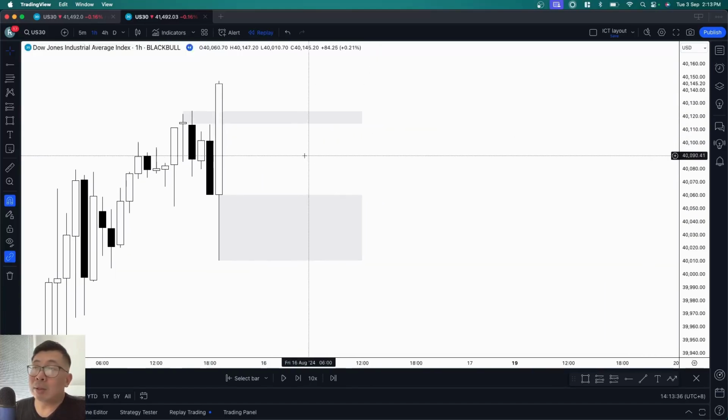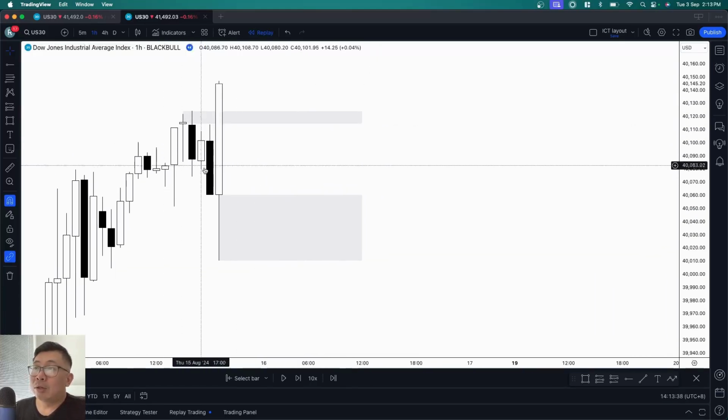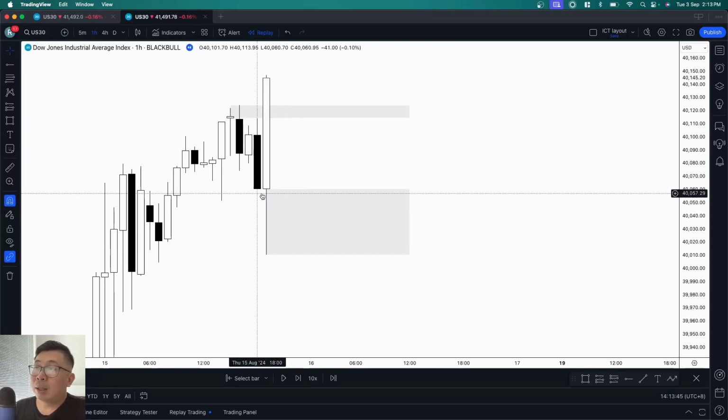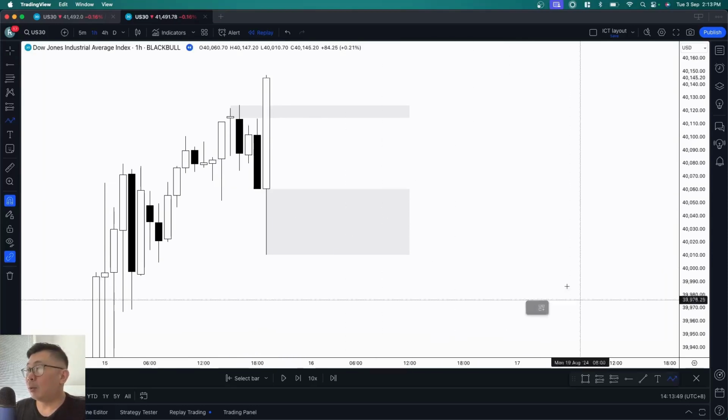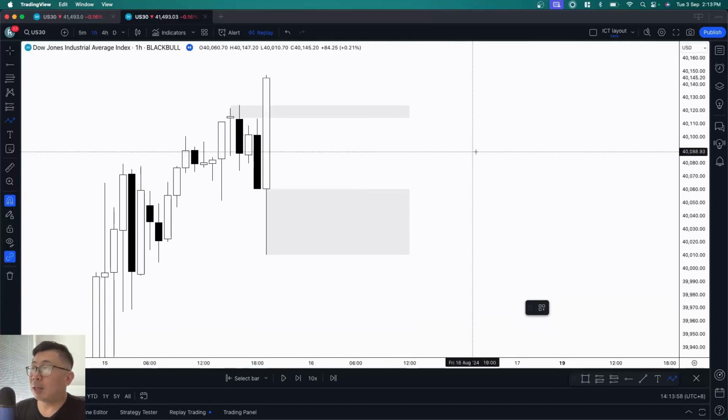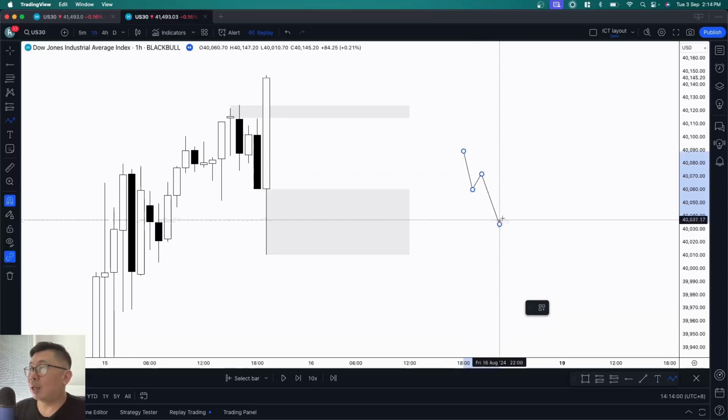And how do I draw my support and resistance? Every time I see a bearish candle followed by a bullish candle, in a much lower time frame I see the price doing this. So I imagine if I go into the lower time frame and look at this bearish 6 o'clock candle, price will be moving like so.